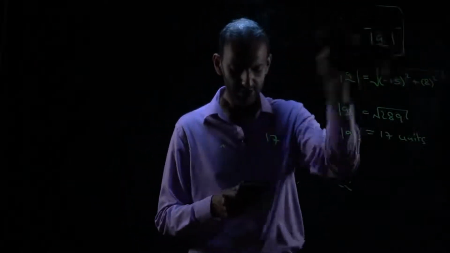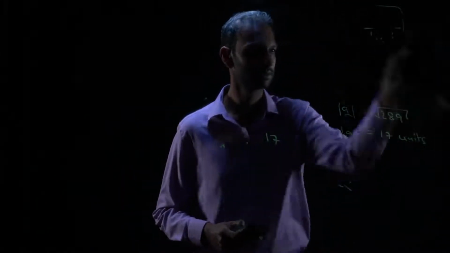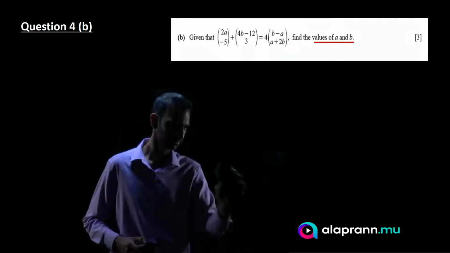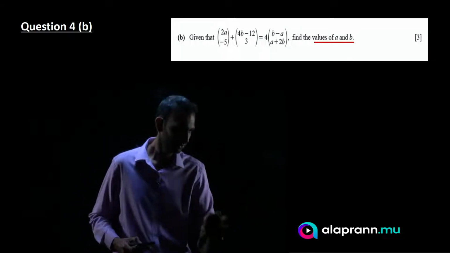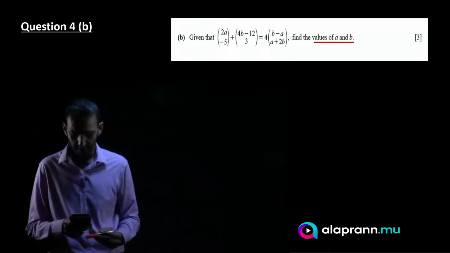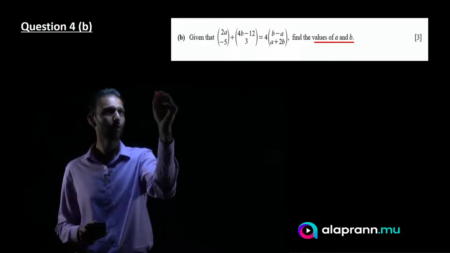So to the next question, which is 4b. Give me some time, be patient for me to erase that. So question 4b deals with vectors again. The whole question is on vectors.